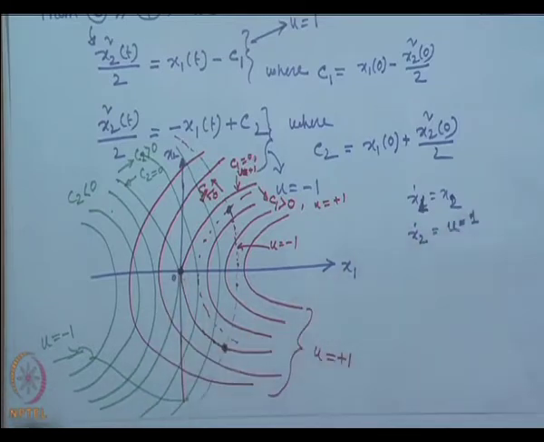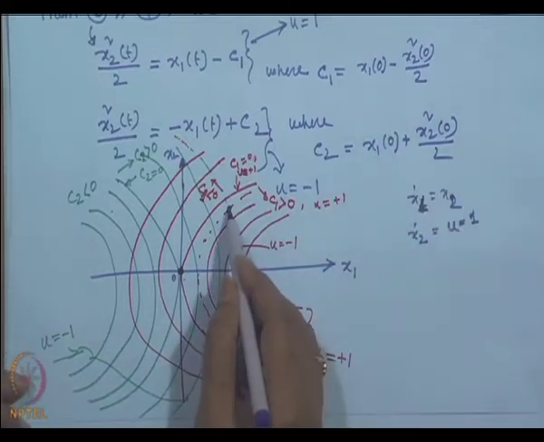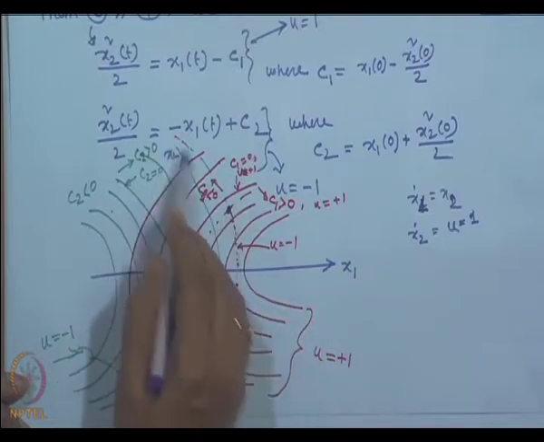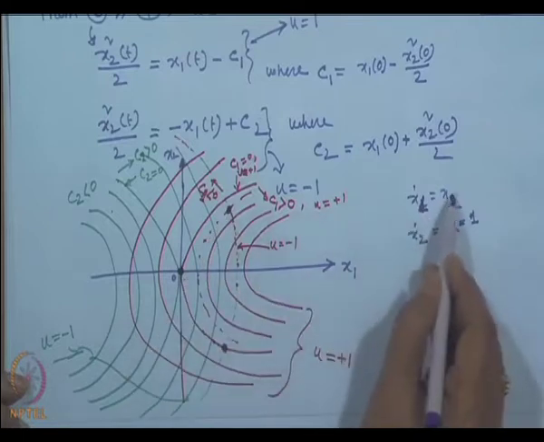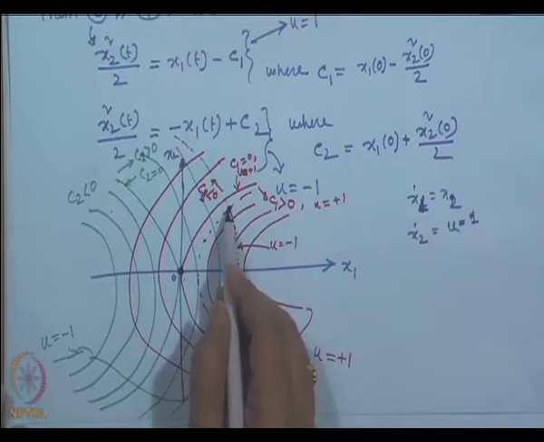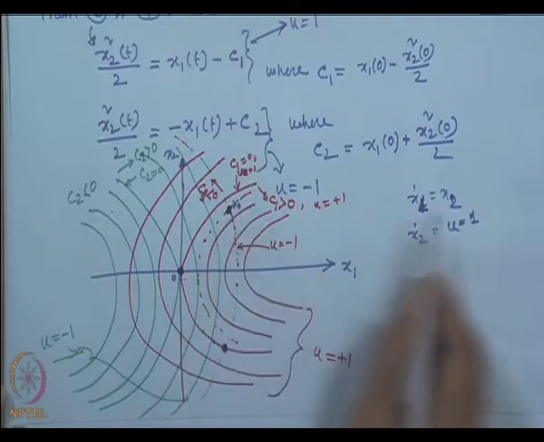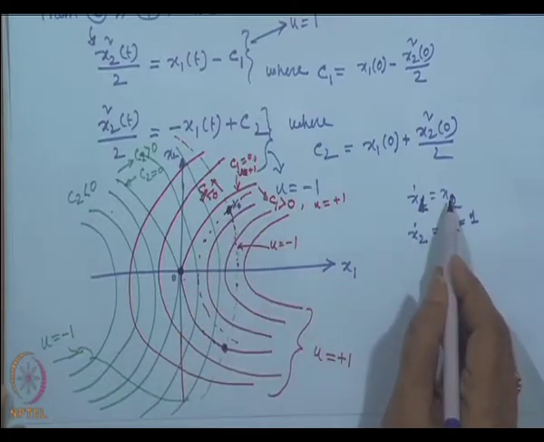So if you see this one, our switching surface is at this point. Once again I am telling you, let us call our initial condition x of 0, and x2 is positive.